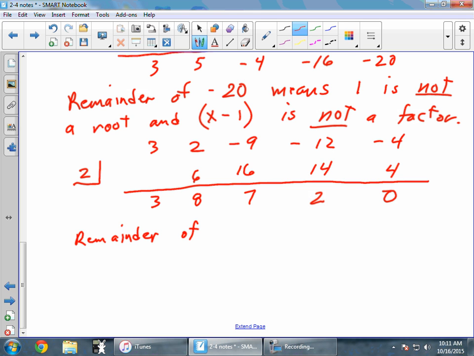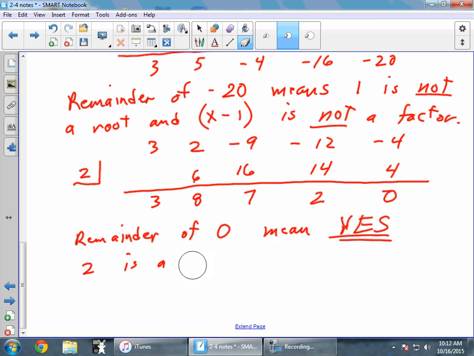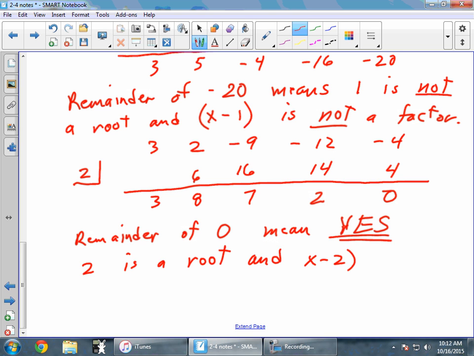Remainder of 0 means yes. What does it mean, Sarah? Two is a factor, a root. You threw me off. Sorry, you did that on purpose, right? 2 is a root, and x minus 2 is a factor.